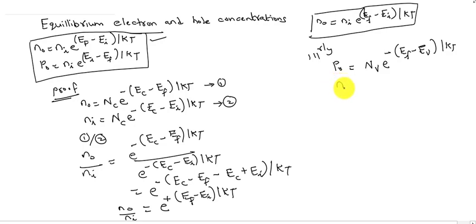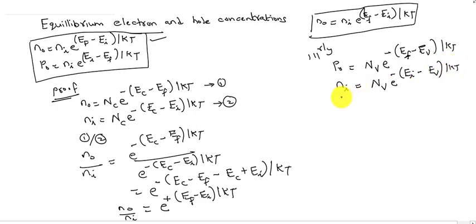So p0 can be replaced by ni, and Ef can again be replaced by Ei, since for an intrinsic material the Fermi level is always in the middle of the band gap. So ni is equal to Nv into e raised to minus of (Ei minus Ev) by kT.